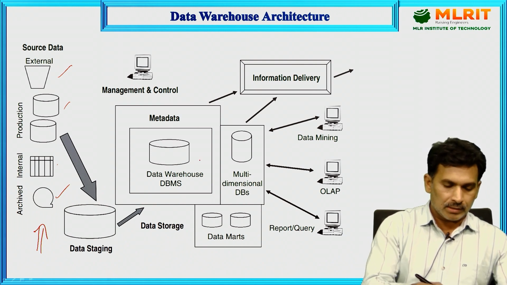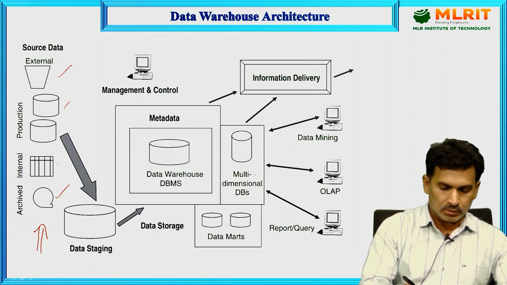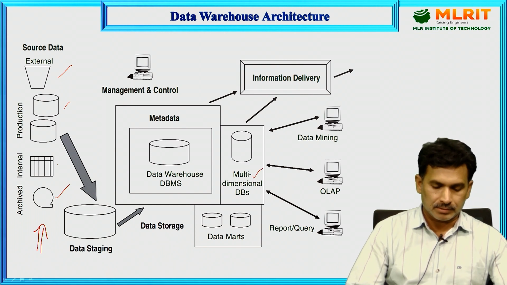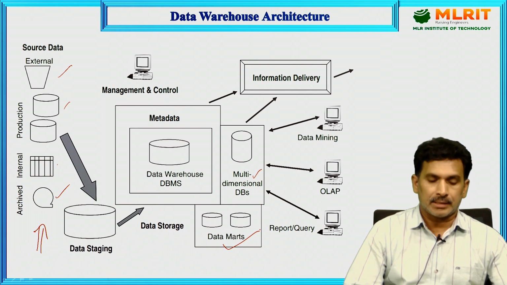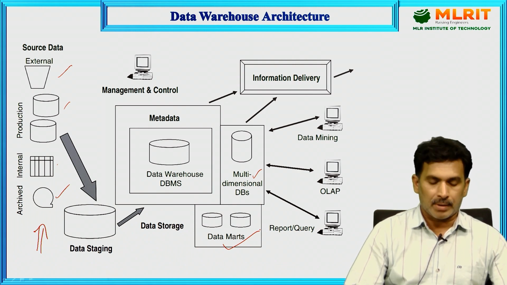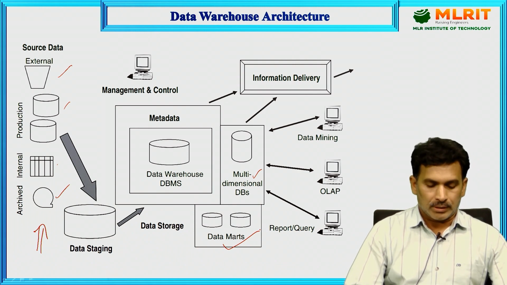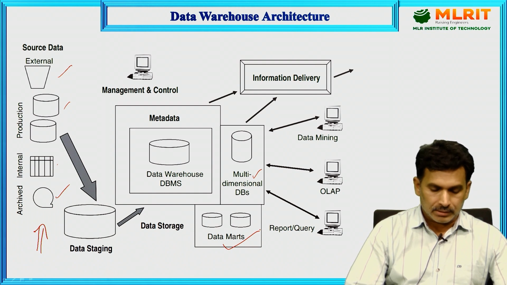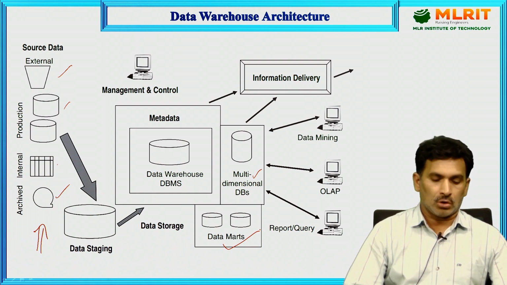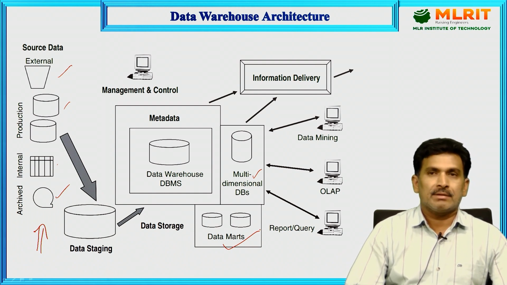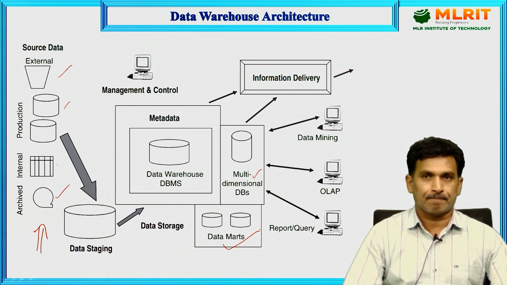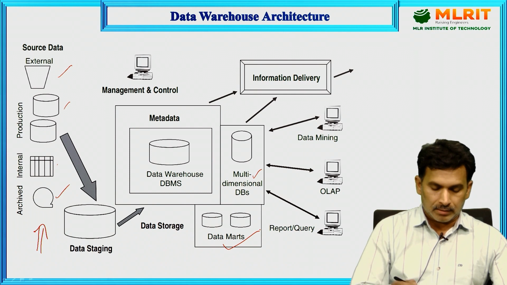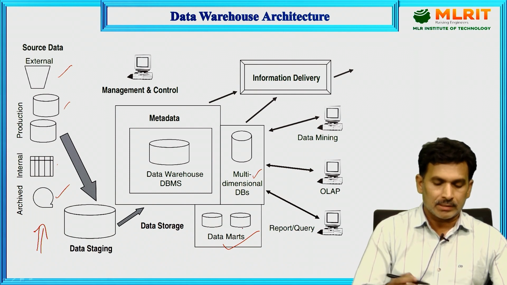Here we can see the data warehouse, the multidimensional databases and mainly the data marts. Sometimes the available data is divided into different data marts. For example, take a college database with different departments like CSIT, mechanical, EC, etc. We could manage the data of a particular department as one data mart.